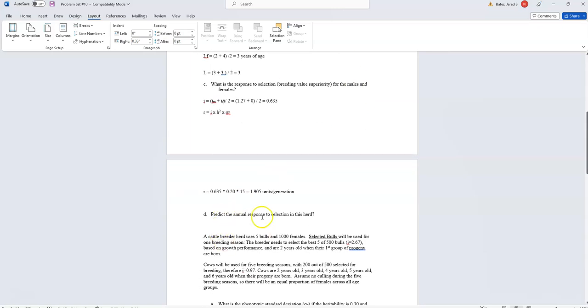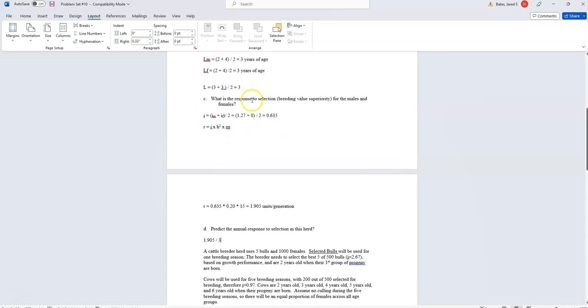If I want the annual response to selection, then I will just do 1.905 divided by 3, because this is my generation interval here. And that is 0.635. Funny how that worked out.